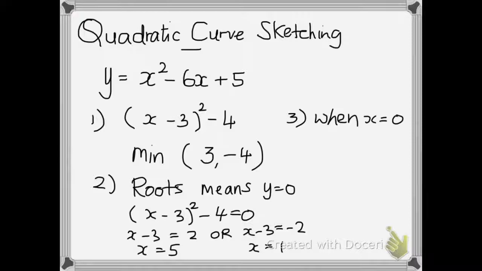When x equals 0, y is? You have x squared minus 6x plus 5. So these are the 3 pieces of information that you need to work out and present.